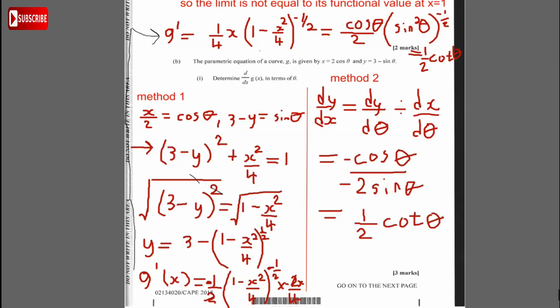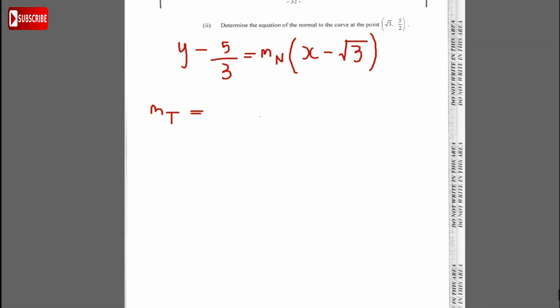All right, so x is 2 cos theta. Let's write it down around here. x is equal to 2 cos theta. So if x is equal to 2 cos theta, and in this case x is root 3, root 3 is 2 cos theta, so we divide by 2, so that implies that theta must be equal to cos inverse of root 3 over 2, and all I did was divide both sides by 2.